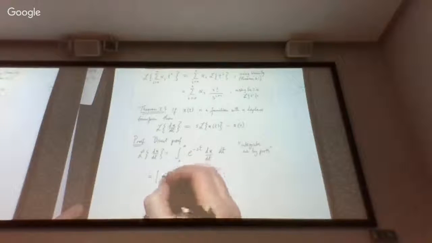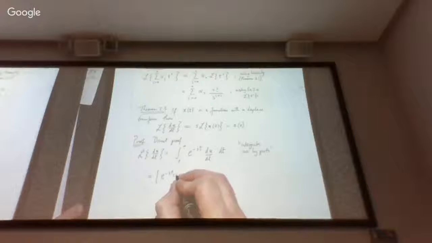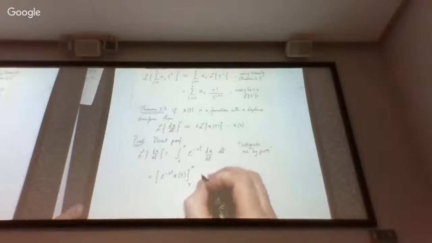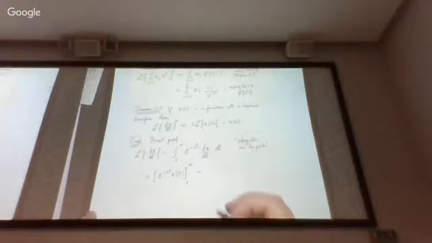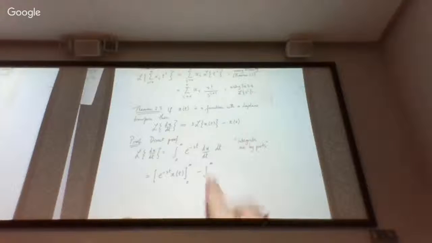Well, you take the product of these two things, e to the minus st times x of t, evaluated at 0 and infinity. And then you subtract the integral. Now you swap, you take the derivative of the other factor.